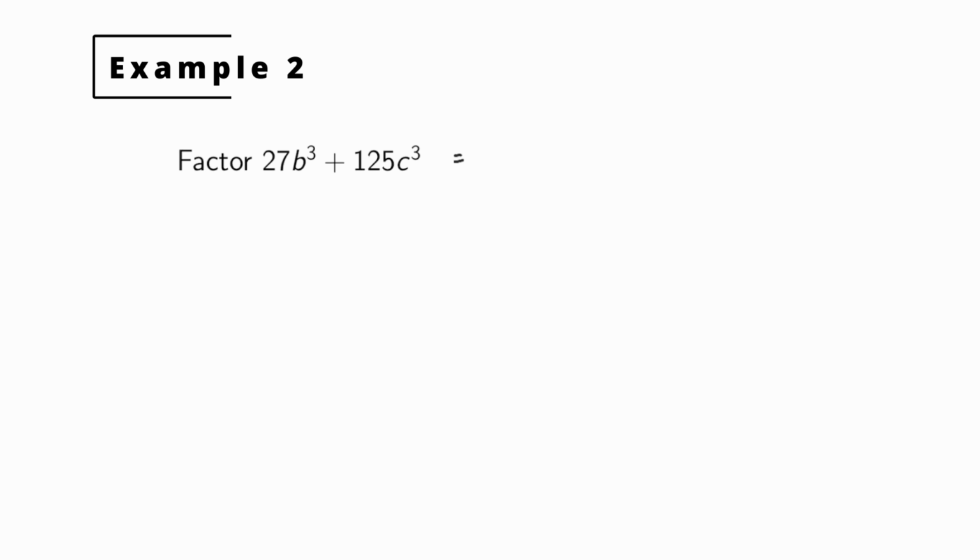As I said, 27 is 3 cubed, so you could write this as 3 cubed times b cubed plus 125 is 5 cubed times c cubed. And since both factors here are cubes, and same for the second term, you can regroup this using properties of exponents as 3b cubed plus 5c cubed.